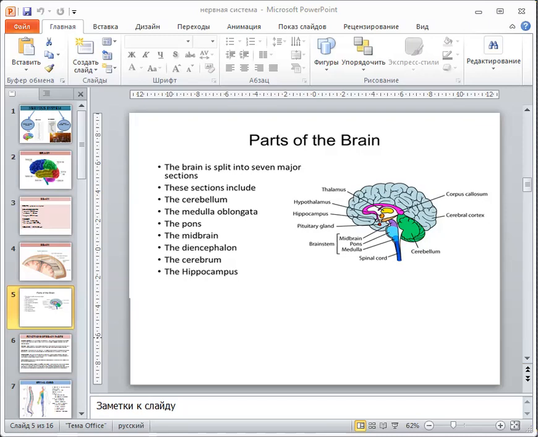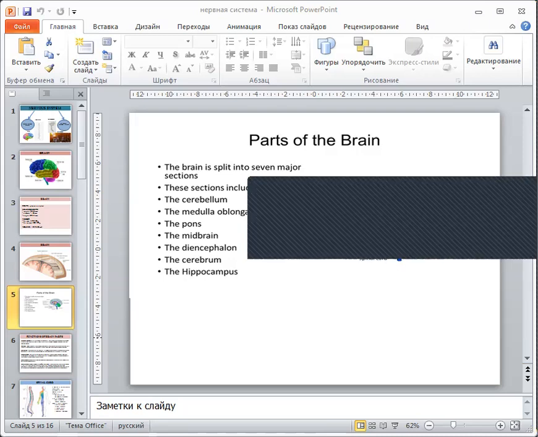Under the cortex, there is white matter with nuclei. The main function of the forebrain coordinates activities of eyesight, hearing, speech, spatial analysis, memory, spatial orientation, somatic sensitivity, and logical intellection.